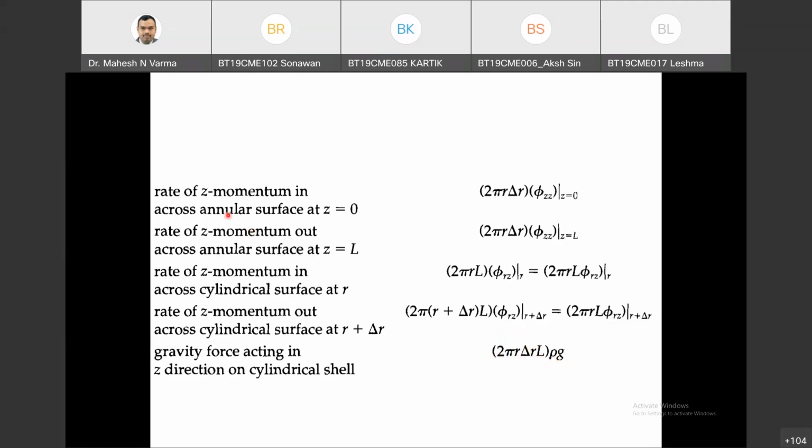Now, rate of momentum in minus rate of momentum out, plus generation and consumption, equals 0. So this is my shell balance equation.